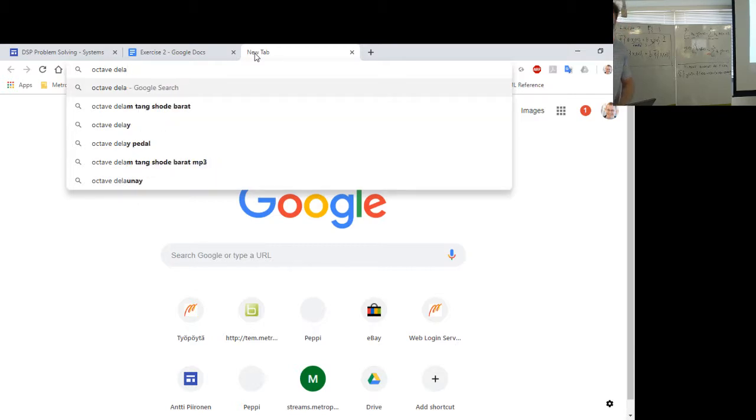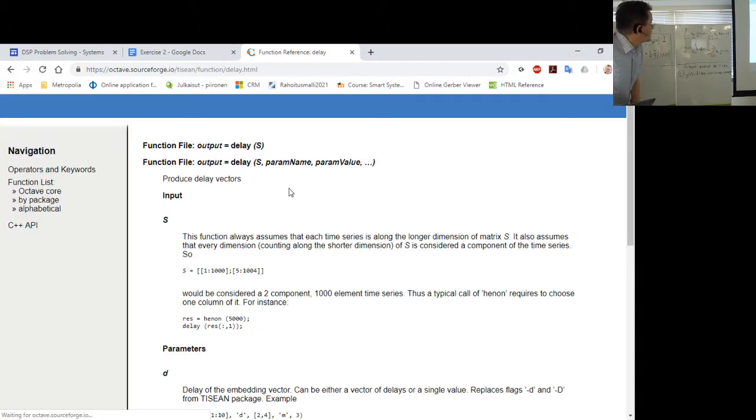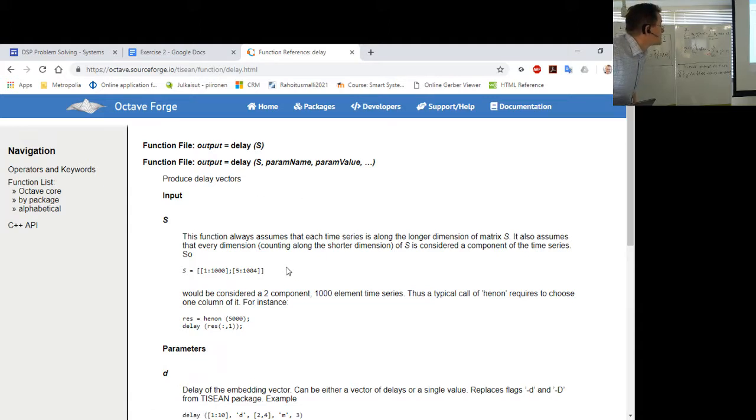Delay. I have no idea. Does it have one? Oh no. This gives some function reference. Is this the delay I'm looking for, or delay vectors? Time series delay.